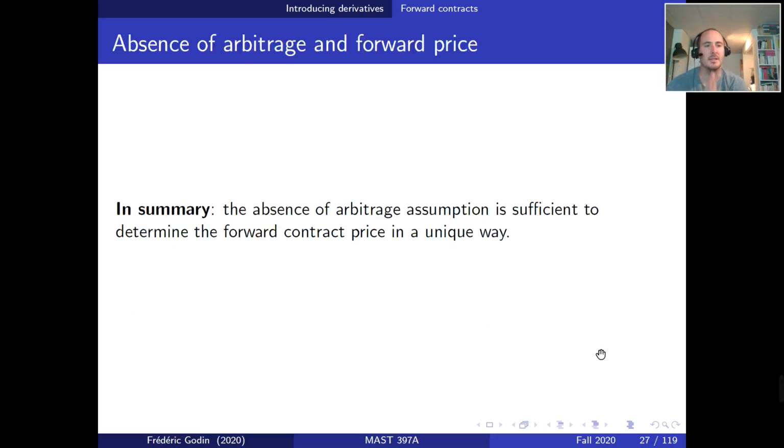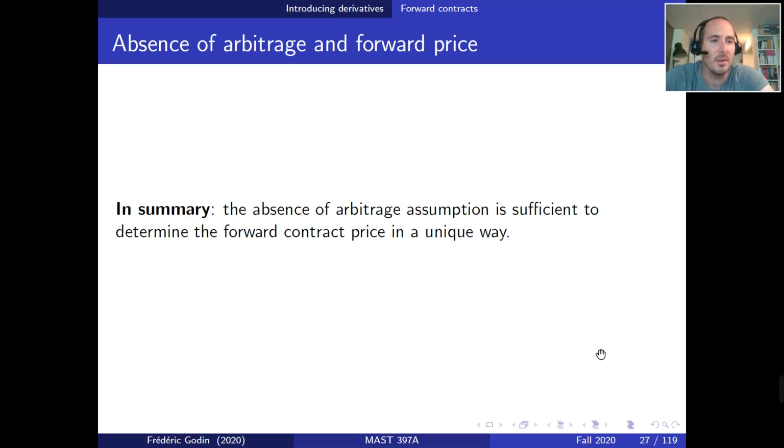Okay, so in summary, what happened? We defined forward contracts, and these forward contracts involved what we call the strike price, which was a price at which the transaction would be held in the future. And then when two companies enter into a forward contract, they need to agree on what would be that price.